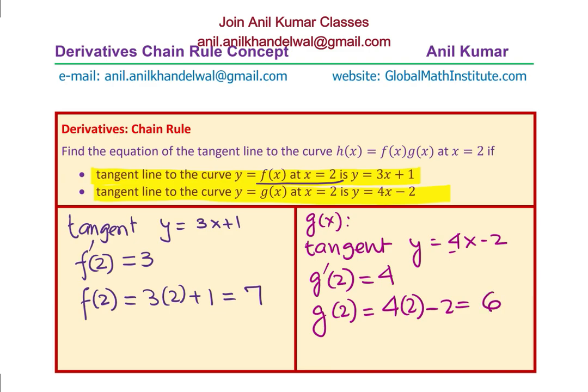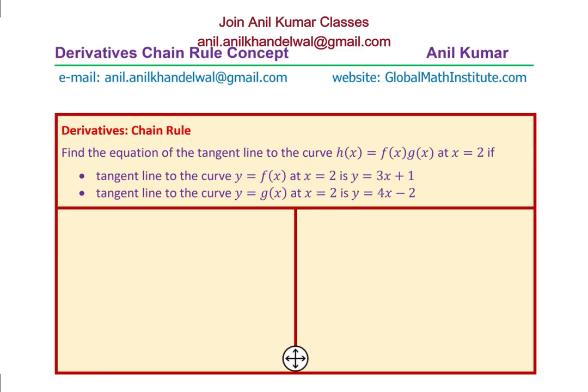So we have all the values. You get the idea. Perfect. Now I think it should not be difficult for you to calculate the answer. You know the values, correct? So let's get to the solution now, as we can clearly see here that the derivative of this particular function is basically equal to f prime x times g of x plus f of x times g prime x, right?